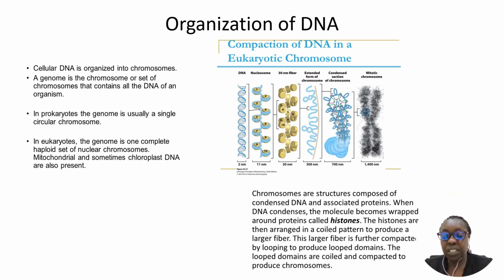So we have said the DNA is wrapped around histones, and then these histones are the ones that compact due to different levels until they give us, through coiling and supercoiling, the chromosome, which can be seen at mitosis.